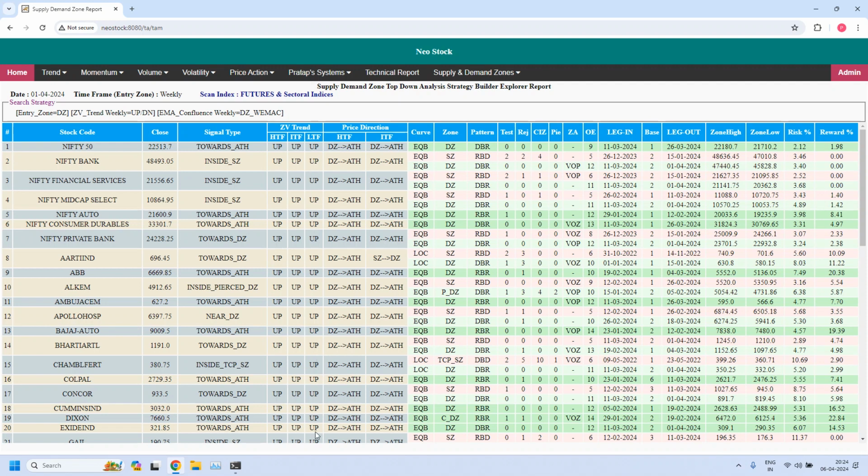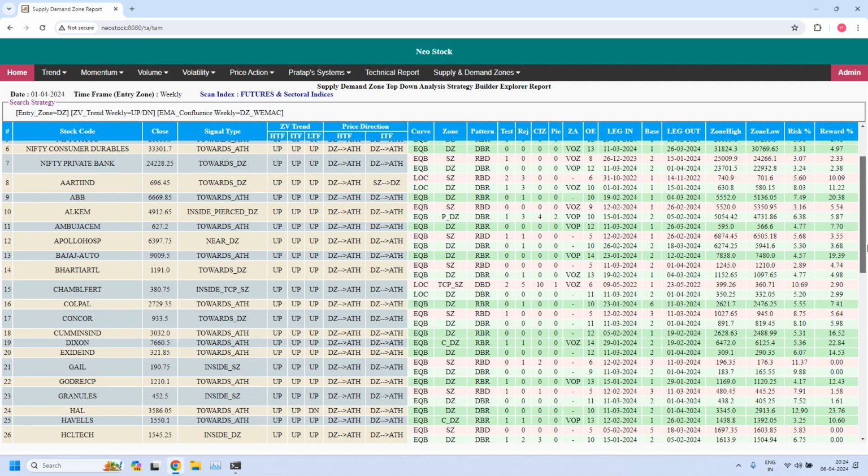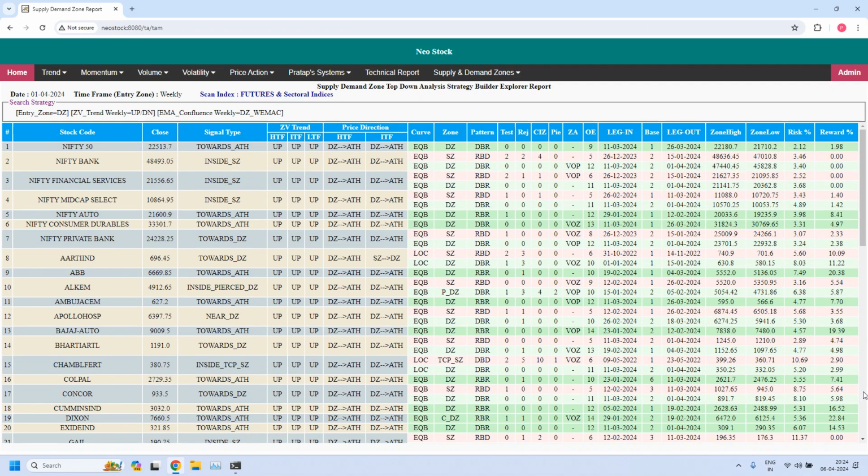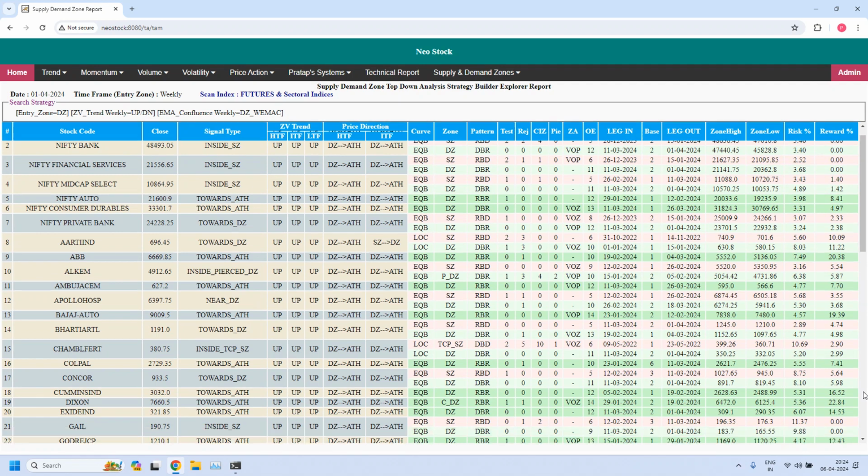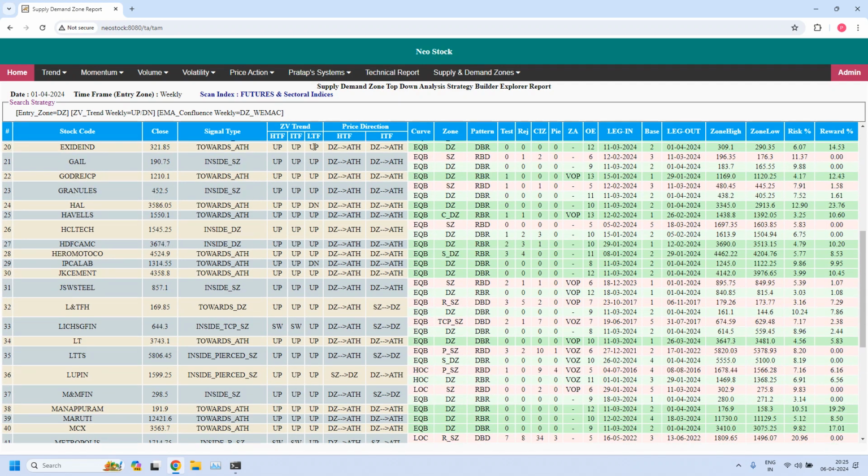So all the trends are up. I want to see if any downtrend has weekly EMA Confluence. Yeah, here we have one stock, HAL. Downtrend, but the zone got weekly EMA Confluence. Let me scroll down, that would be better. So here HAL, and what else do we have down?